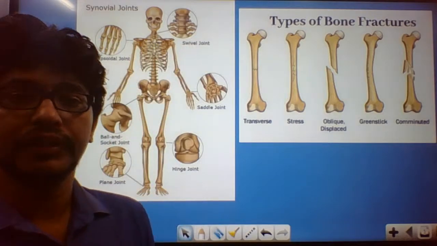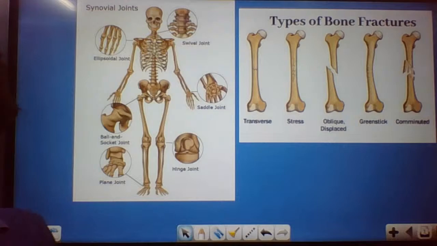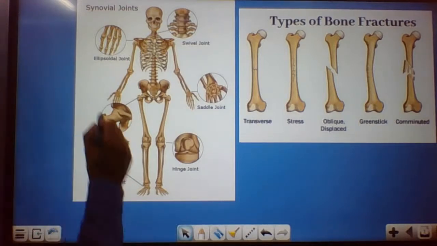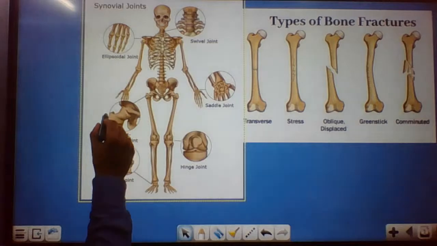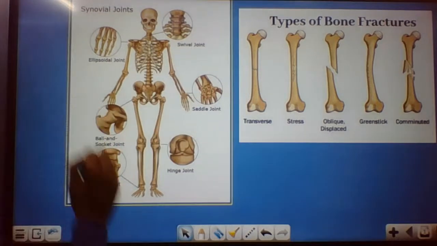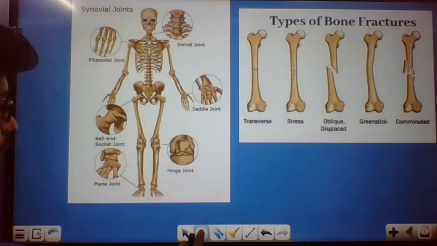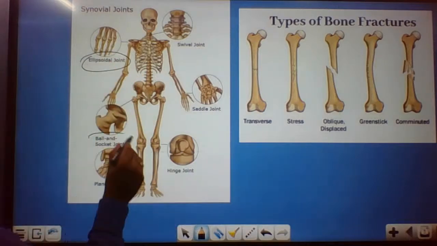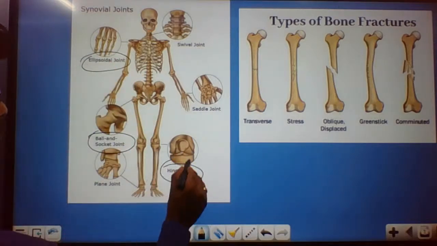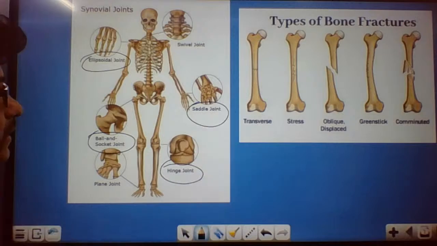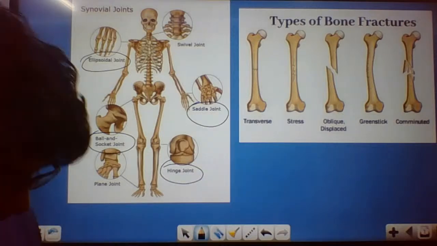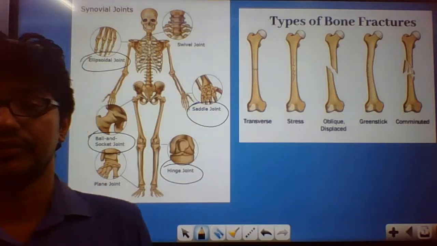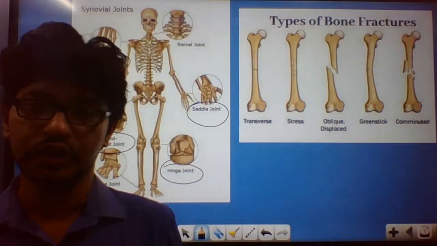Continuing with that, we have the types of synovial joints: the ellipsoidal joint, the ball and socket joint, the hinge joint and the saddle joint. I also listed examples of these different types of joints.